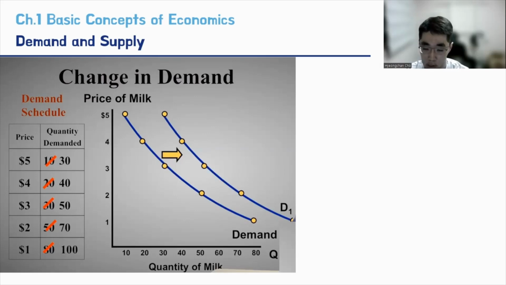The shock is when the research comes out, if some research says milk makes people smarter, then demand is increased, and then the curve shifts to the right like this.